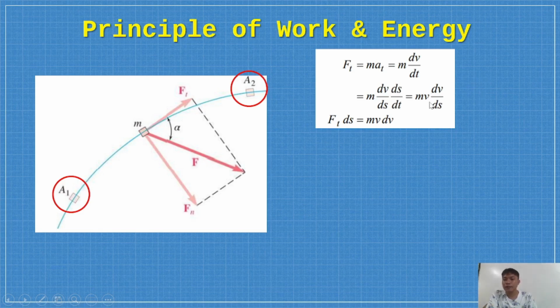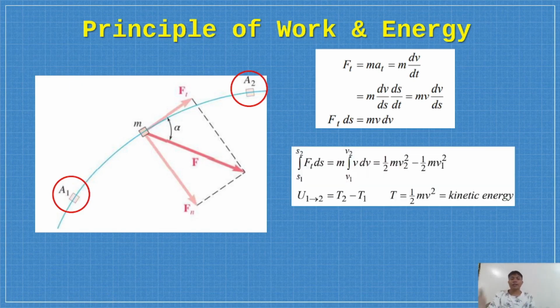So we have v here, and we are also left with dv over ds. Relating the change of distance and the change of velocity, Ft ds is equal to mv dv.